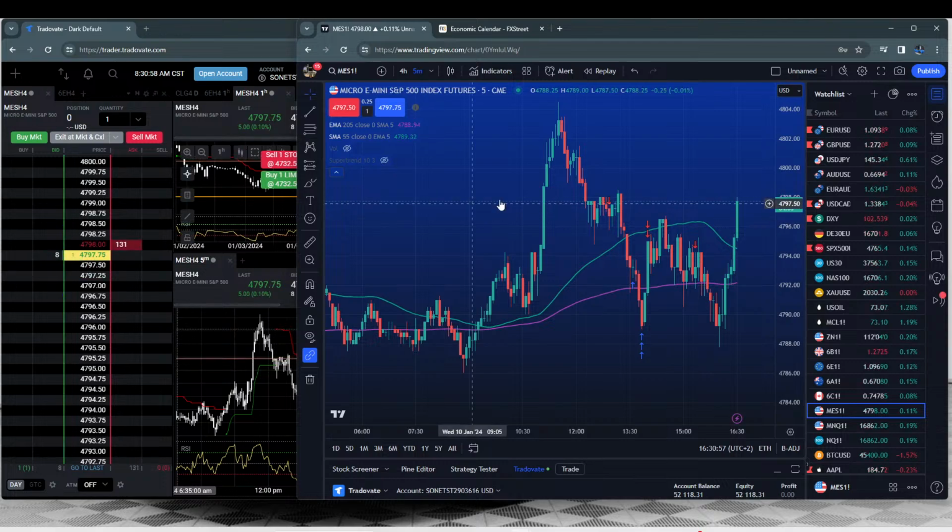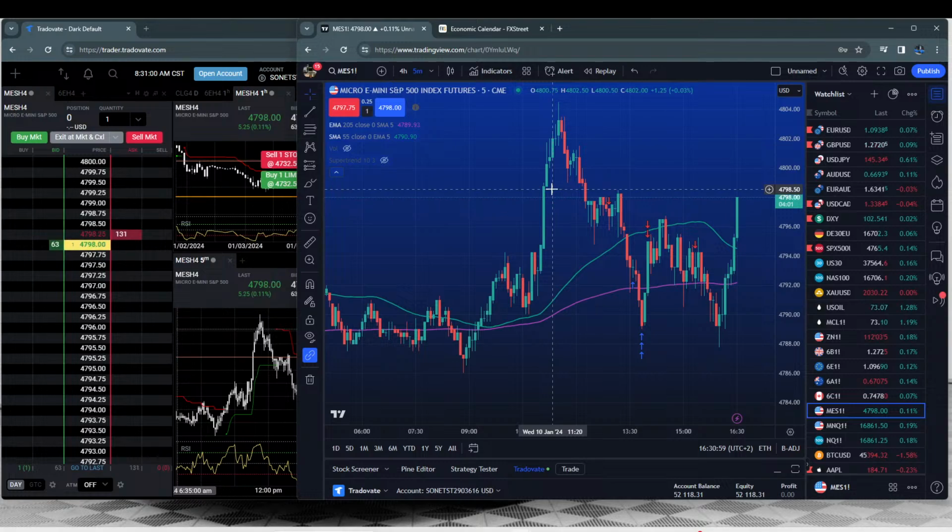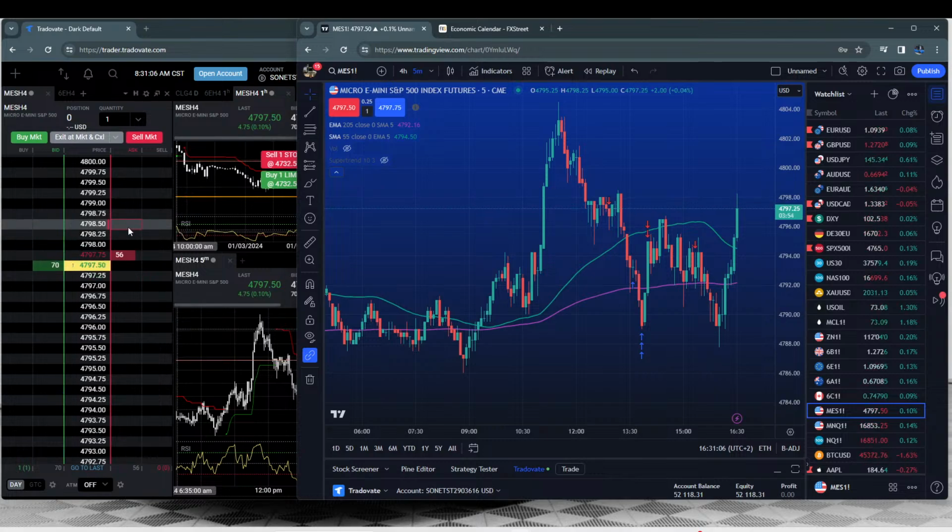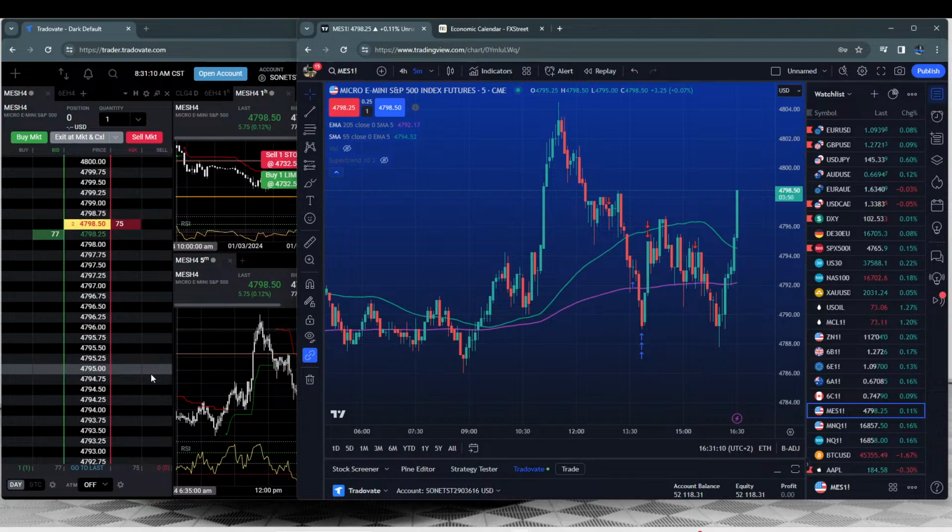Okay, seems that we are breaking higher. Next is 79, 98.5 level here. I missed.